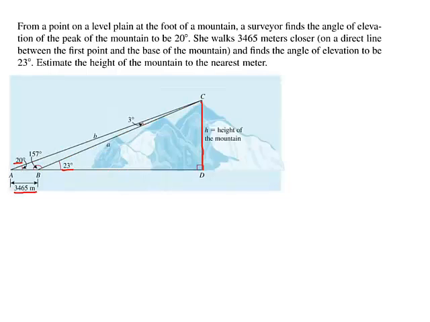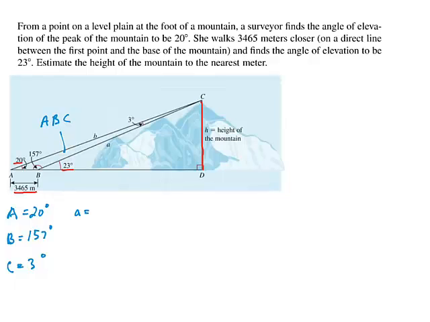Alright, so looking at this triangle here, that's triangle ABC. And what do we have? We have angle A is 20 degrees, we have angle B is 157 degrees, and then we have 3 degrees for angle C. Now what do we know?